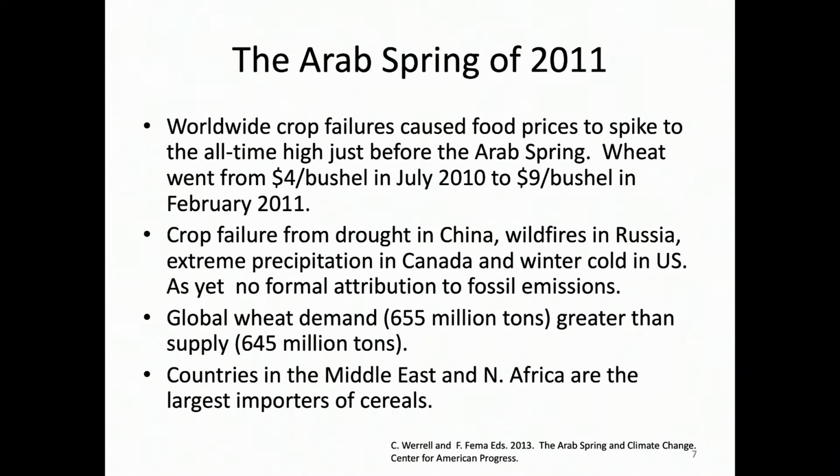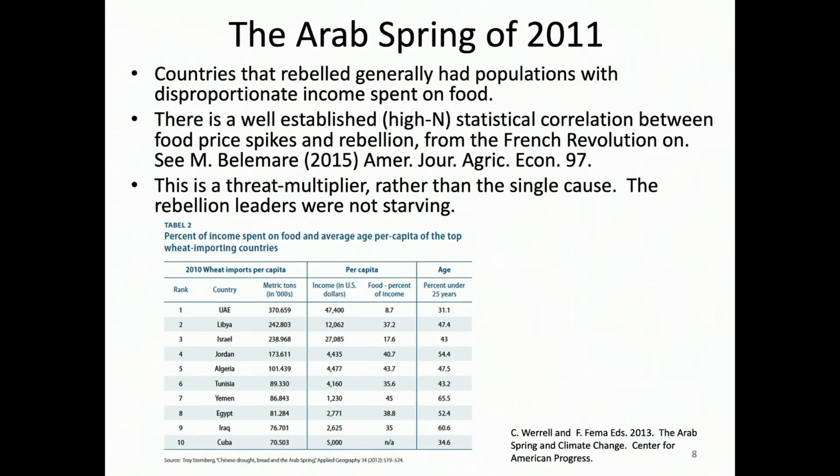Global wheat demand was greater than supply, and this is what caused the spike. And the countries in the Middle East and North Africa are the largest importers of cereals. You can see here the percent of your income that you spend on basic staples. In some of these countries, it's over 40%, all right? And if those staples more than double, it means you literally have no money for anything else, right? And so people go crazy when that occurs.